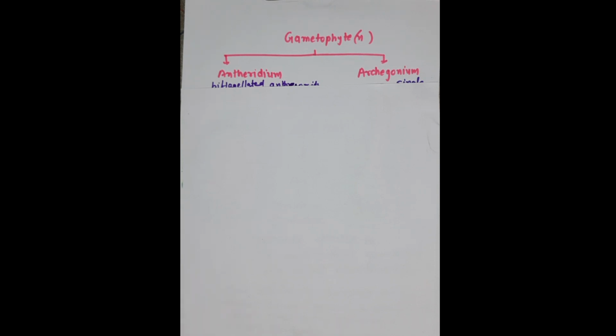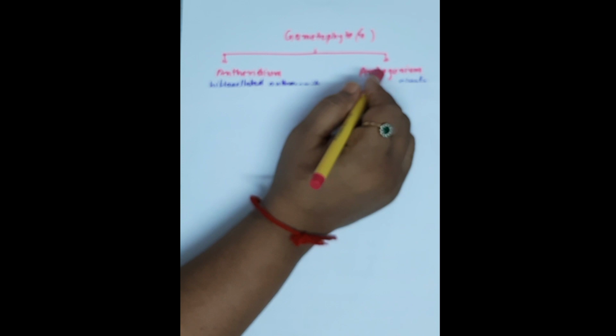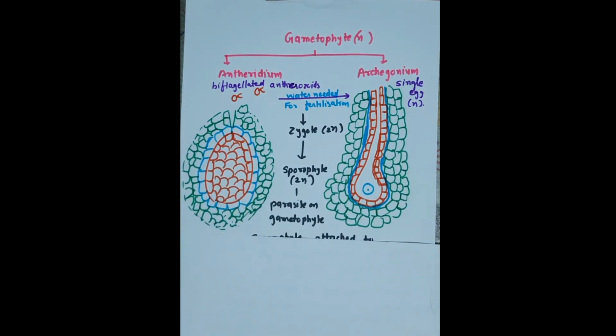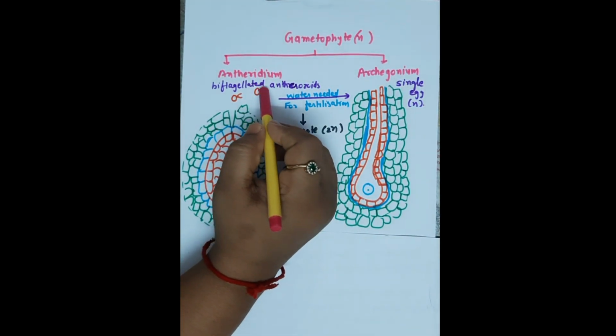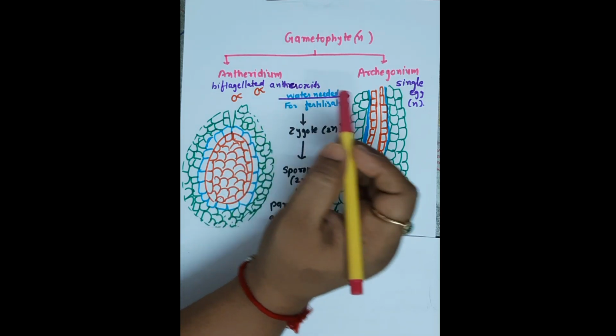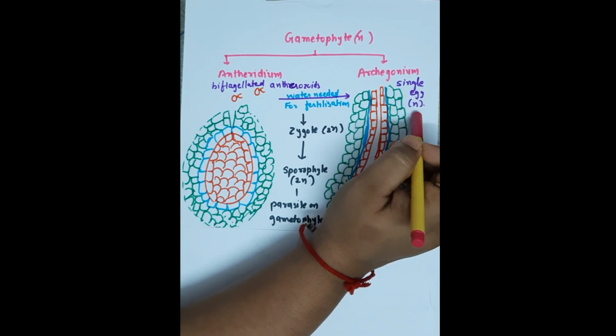We know that for male it is the antheridium, and for female it is the archegonium. In the antheridium biflagellated anthrozoids are formed, while in the archegonium a single egg cell is formed.